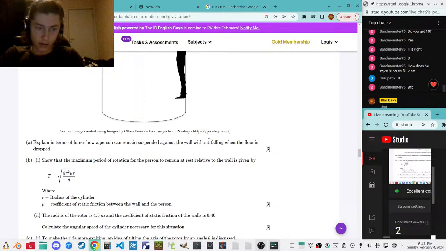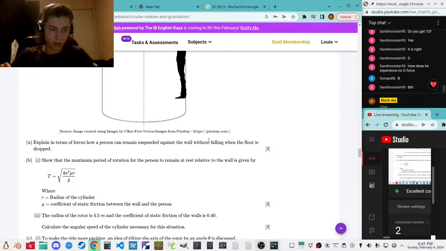So let's see, radius of the cylinder and coefficient of static friction. The maximum period of rotation though, because why can it be bigger? The rest relative to the wall is given by this.